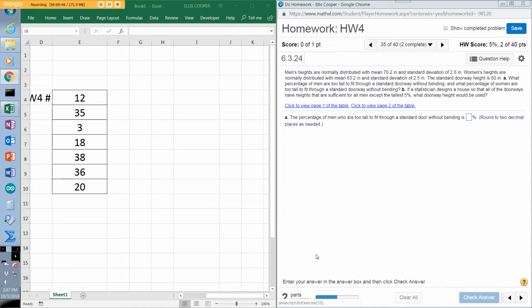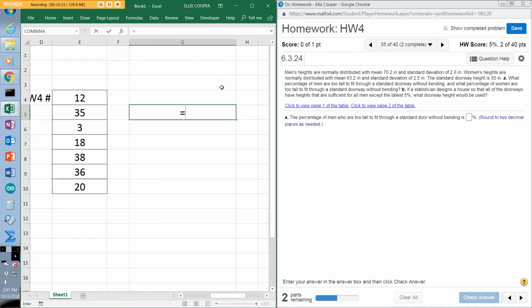Okay, so we're talking about a right-tail cumulative probability. Why do they say that? Because they're talking about greater than, too tall. Too tall means more than 80 inches tall. All right? So let's go over here and do a calculation.